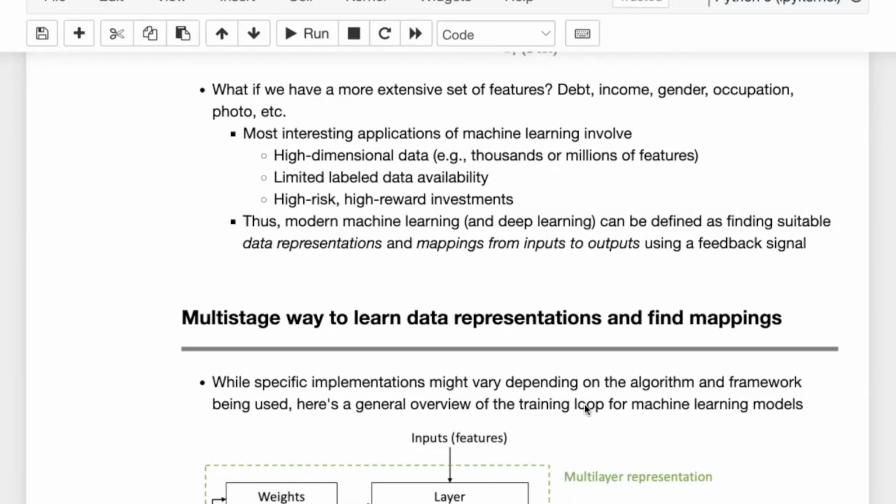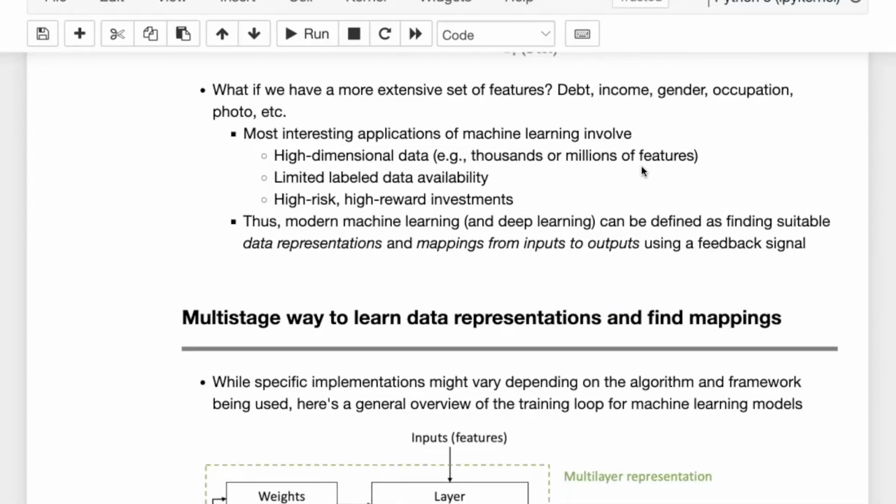So instead of just debt and income, we may have debt, income, gender, occupation, location information, etc. And therefore, in these cases, we have a very special type of data that we call high dimensional data, right? So this means that instead of just having a two-dimensional coordinate system, we may have thousands or millions of dimensions or features.